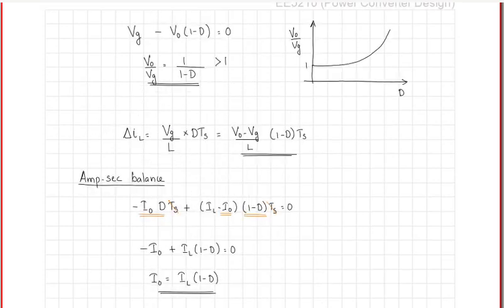So now again, if we look at this expression for the ripple current, we see that this ripple current is dependent only on the input voltage, duty ratio, switching frequency and the inductance, and it is really independent of the load current.